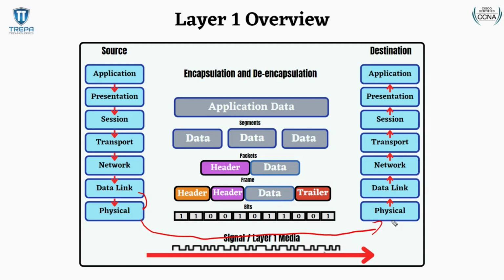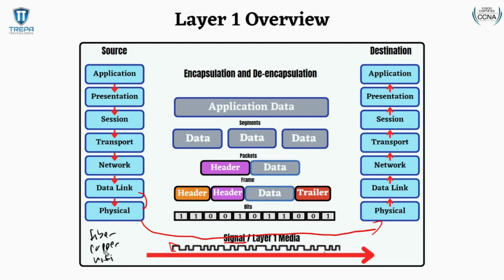This layer, the physical layer, is going to accept a complete frame from the data link layer and then encode it as a series of what we call signals. We have an example of these signals here. Those signals are transmitted onto the local media, that local media being either fiber, copper, or Wi-Fi, wireless signals.